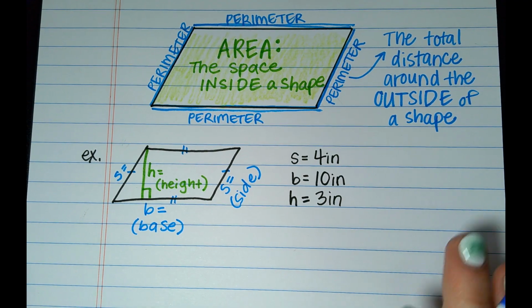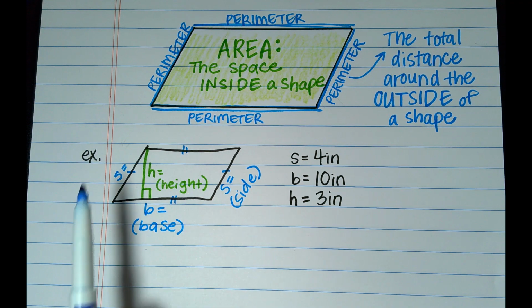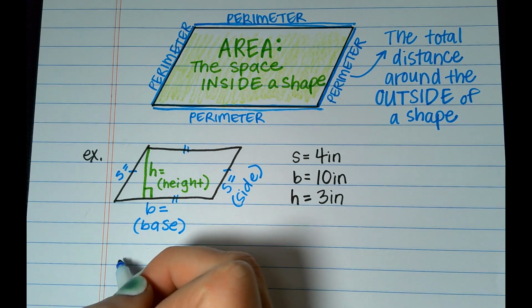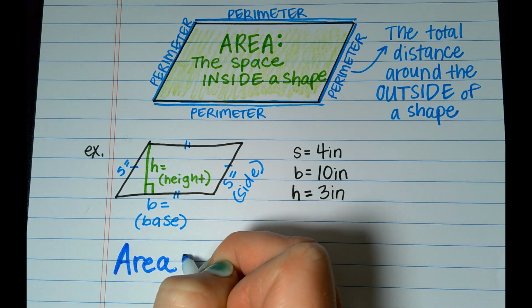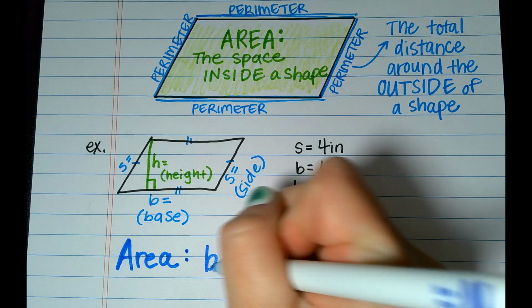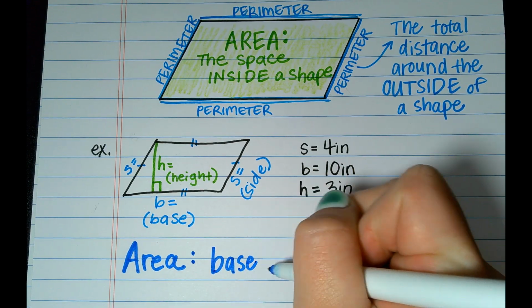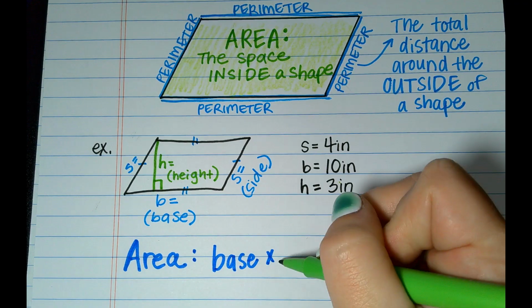First, we're going to show how we find the area. To find the area of a parallelogram, area can be found by doing the base times the height. So I'm going to write base times height.